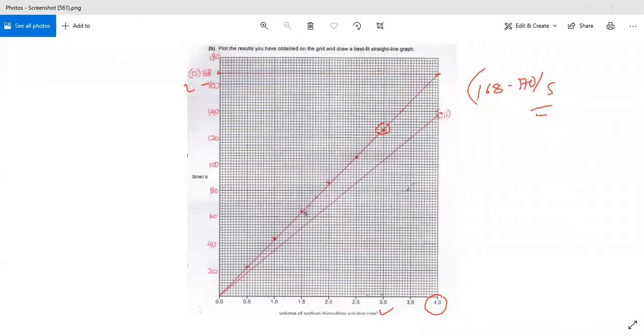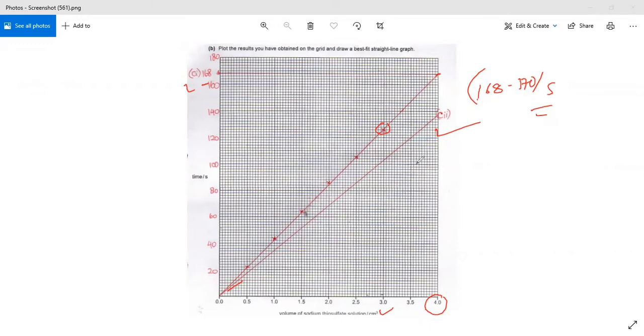That means the reaction can occur in less time. So the graph you draw here is just a normal graph, just below the main graph. This is going to be the second graph. So you could expect this graph if the experiment were repeated at a higher temperature in degrees Celsius.